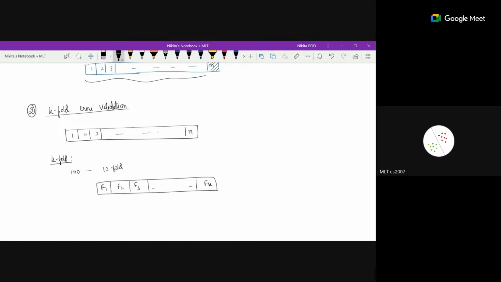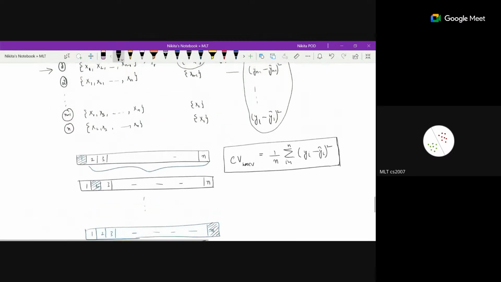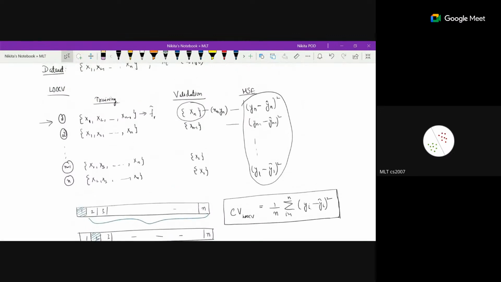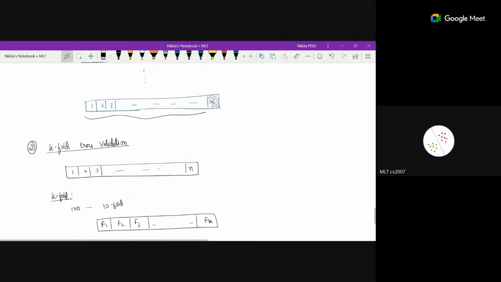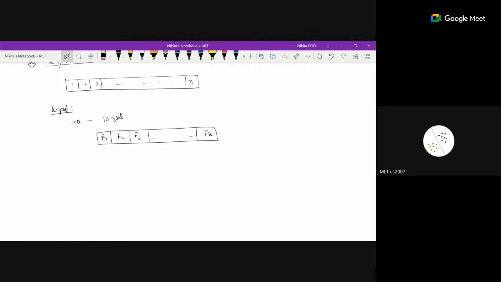So whatever we were doing in leave one out cross validation, where we were keeping one data point for validation and training on the others, here, since you're talking about folds, you train on k minus 1 folds and validate on the remaining 1 fold.